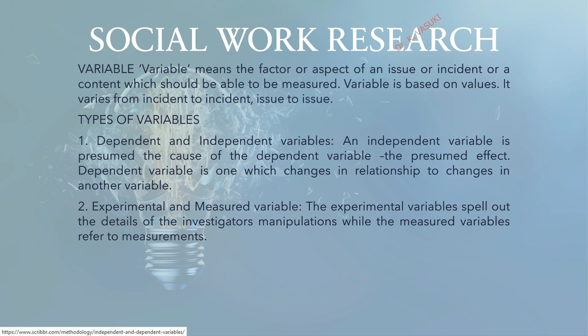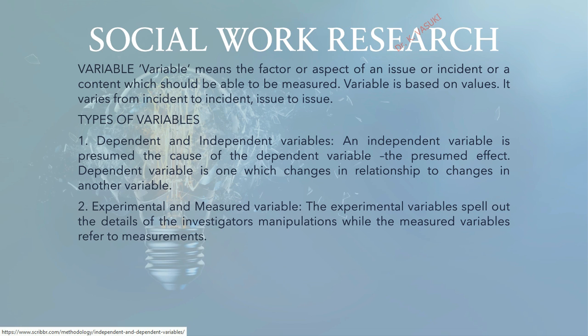The next type is experimental and measured variables. The experimental variable spells out the details of the investigator's manipulation, while the measured variable refers to measurement. Every experiment has at least two variables, experimental and measured variables, the same as dependent and independent variables.